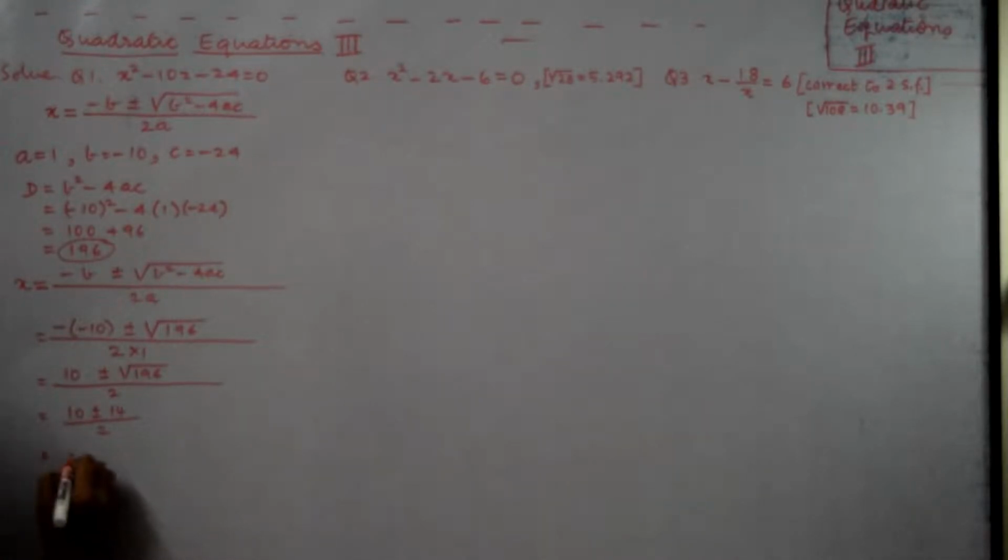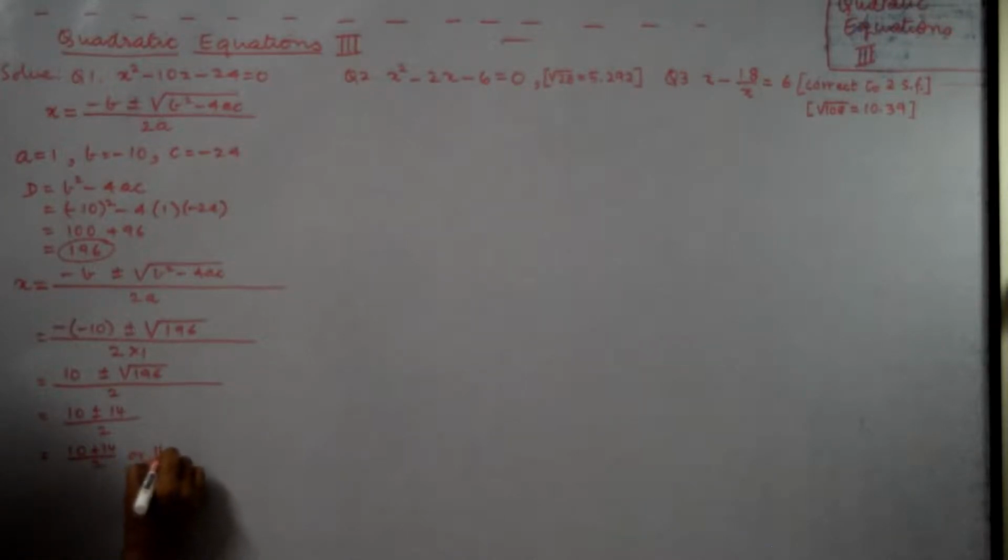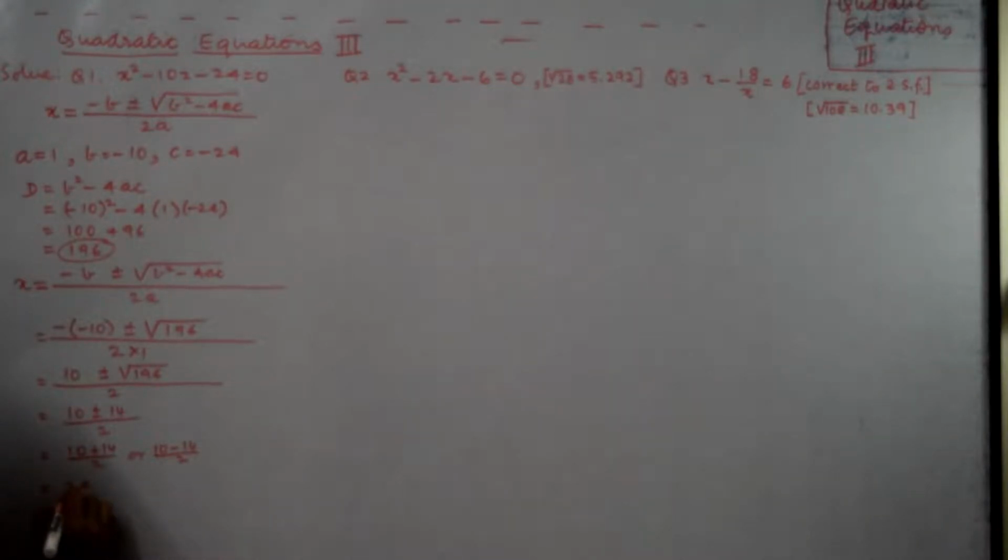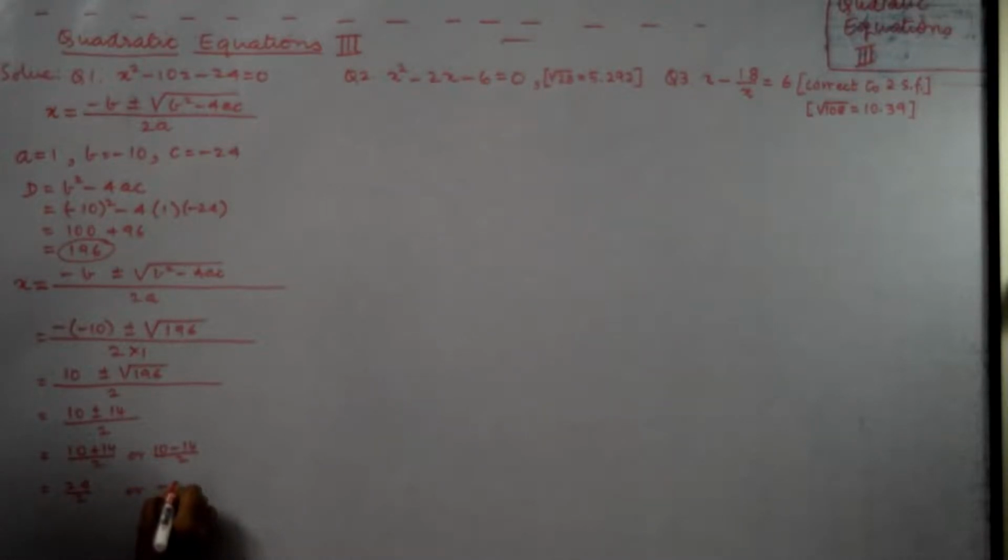Then you will have 10 plus 14 upon 2 or 10 minus 14 upon 2, that will give us 24 upon 2, and on this side you will have minus 4 upon 2, and that will give us 12 or minus 2. And so you will say, therefore, the solution set is equal to minus 2 comma 12, and this is your answer.